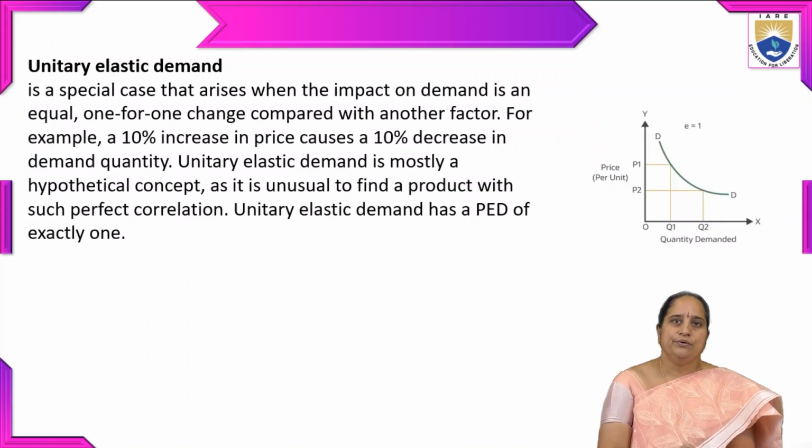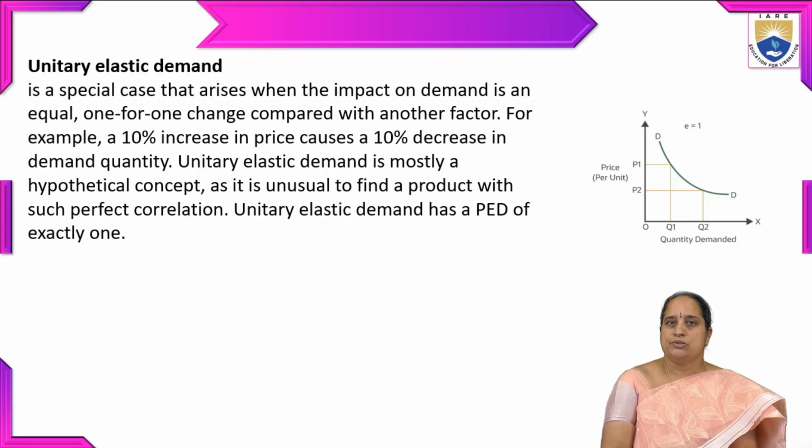The next one is unitary elastic demand. This is a special case that arises when the impact on demand is an equal 1-for-1 change compared with another factor. For example, a 10% increase in price causes a 10% decrease in demand quantity.